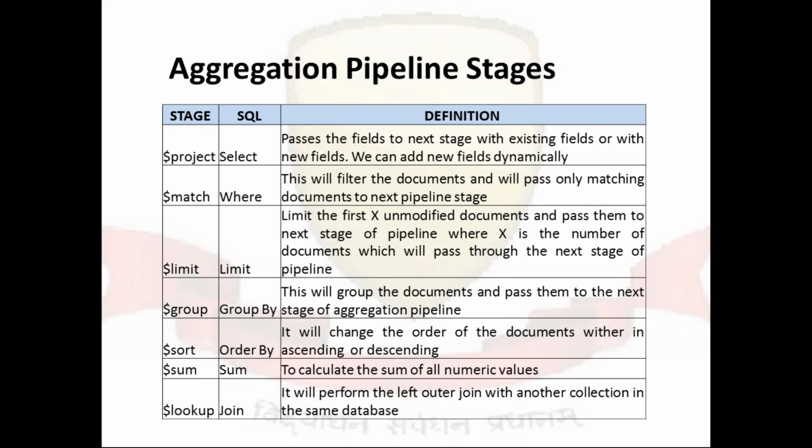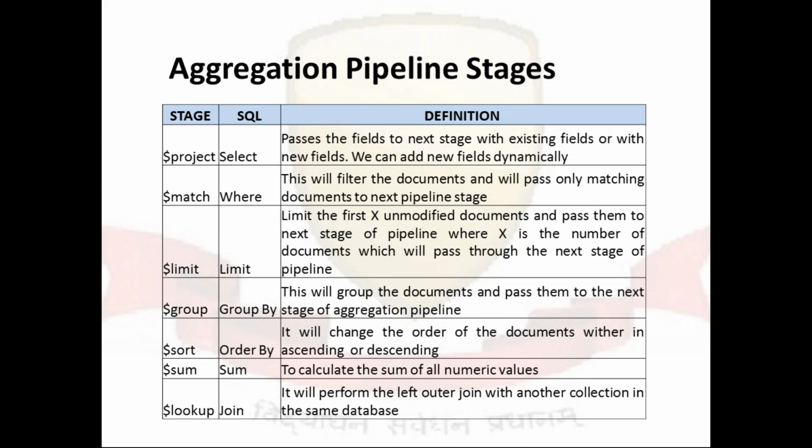Then we have $group, which is equivalent to group by in SQL, and this will group the documents and pass them to the next stage of the aggregation pipeline. Then we have $sort, which is equivalent to order by, and it will change the order of the documents either in ascending or descending.